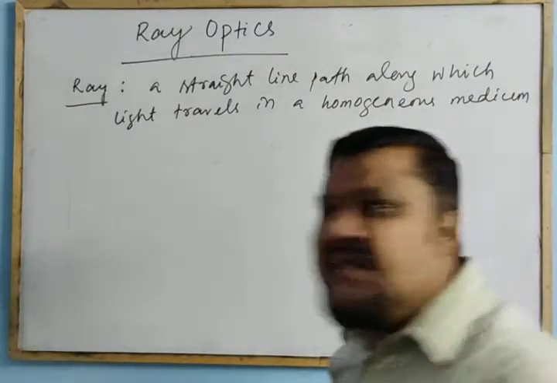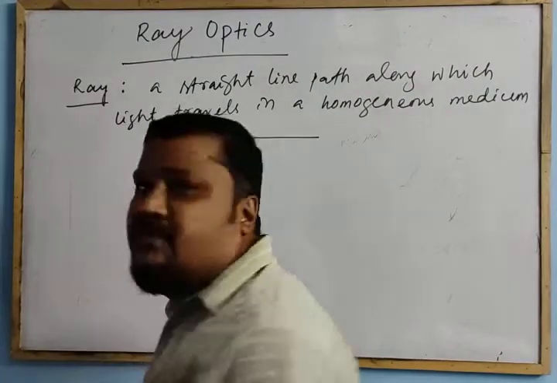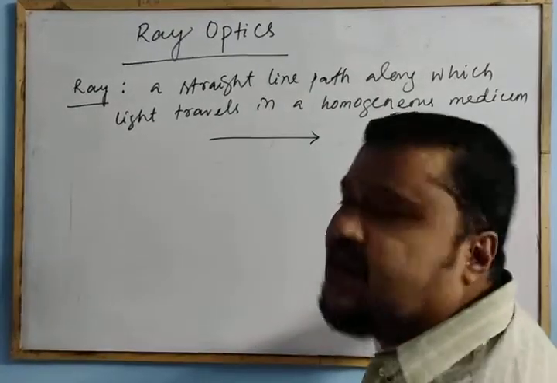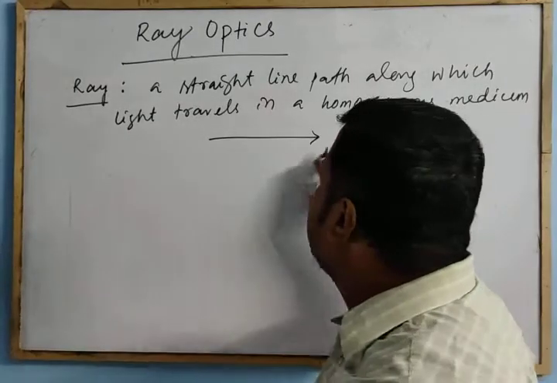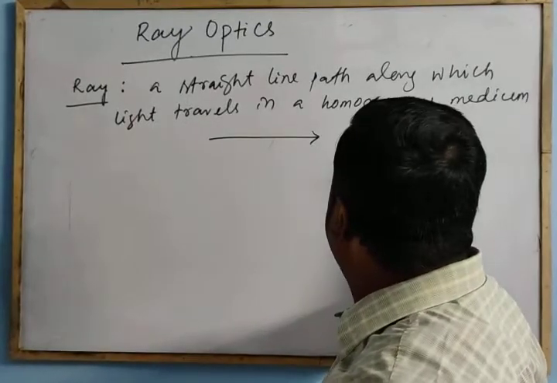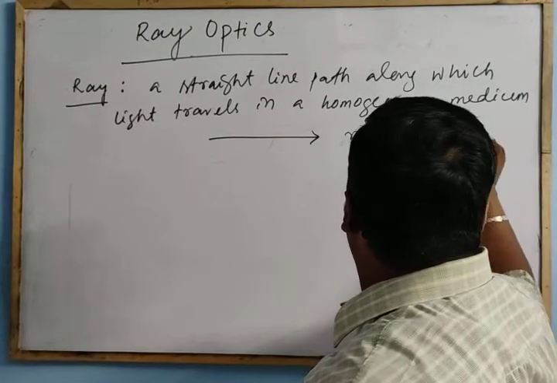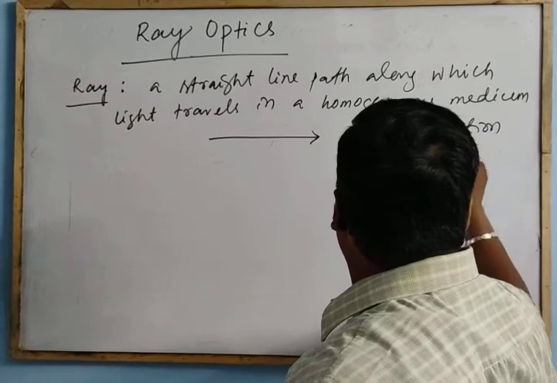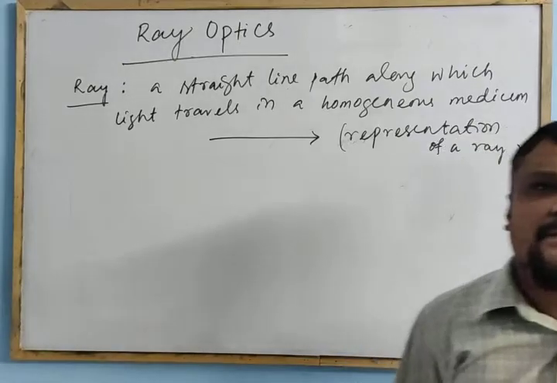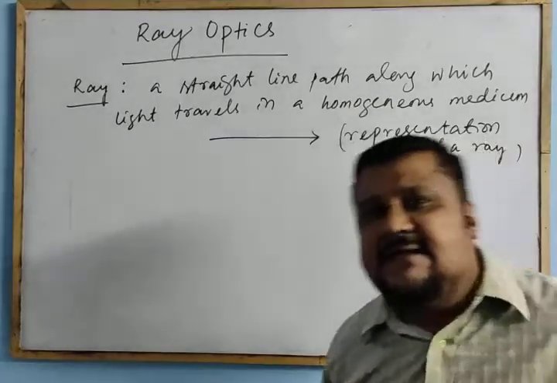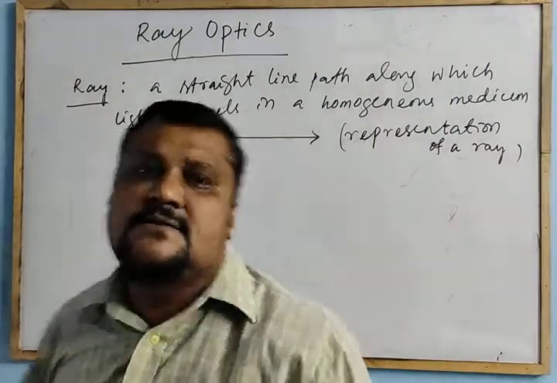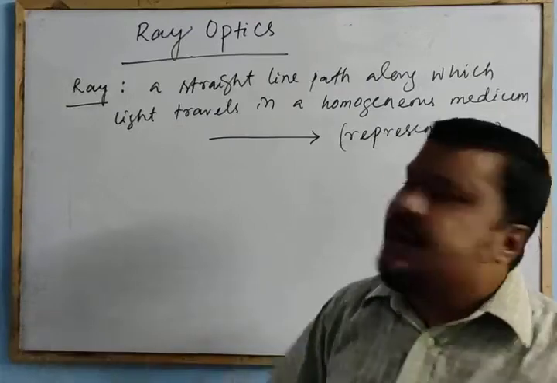And the ray can be represented by an arrow mark. This represents the direction of propagation of the light. A ray is represented by an arrow mark, and the arrow points in the direction of propagation of light. Suppose the light is traveling like this, so that is the representation of a ray.